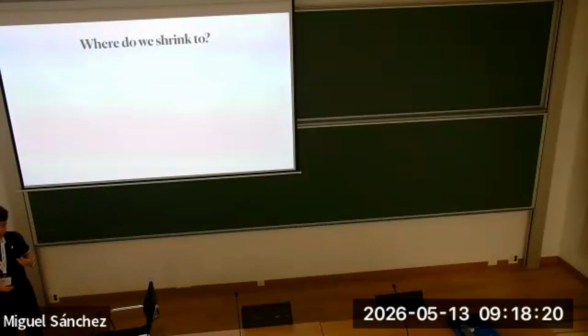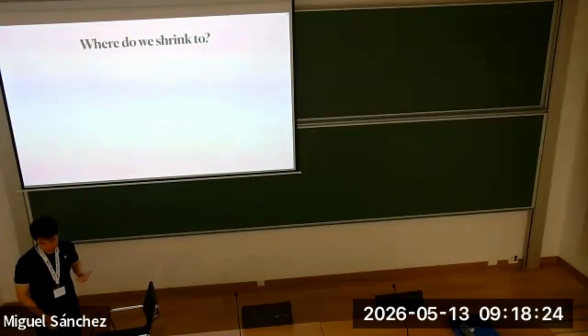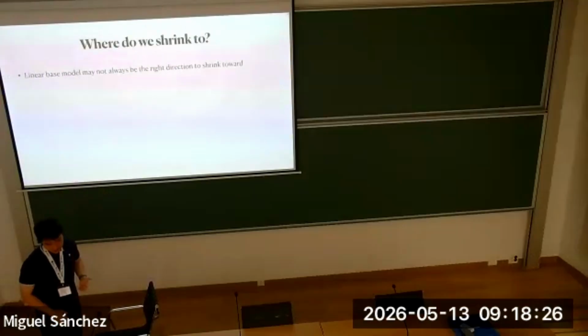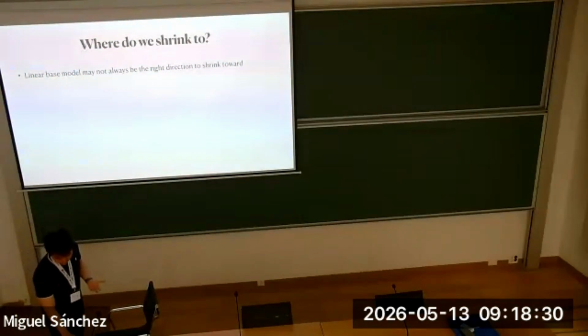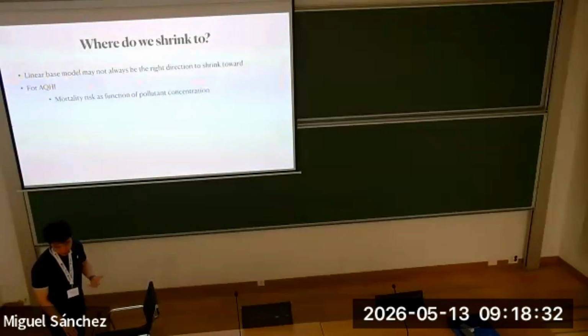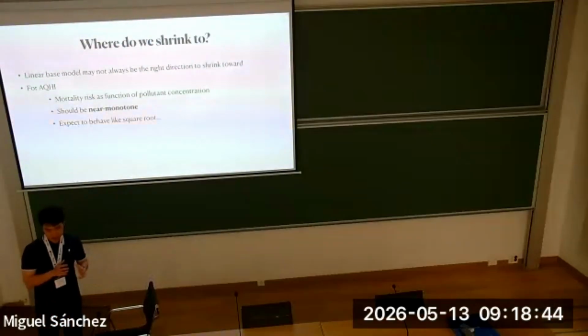But think about the original question that motivates us to do smoothing. Maybe the space of linear functions is not the right direction to shrink toward. By that, I mean, if we think about the AQHI, the health index problem, we know mortality risk as a function of pollutant concentration should be not only near monotone, but also expected to behave a little bit like a square root.